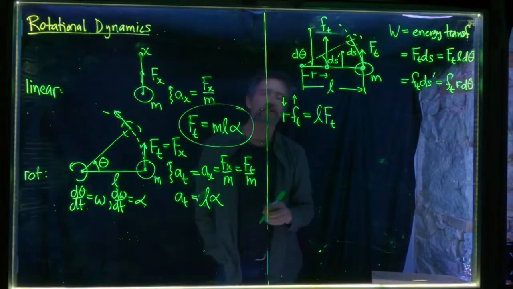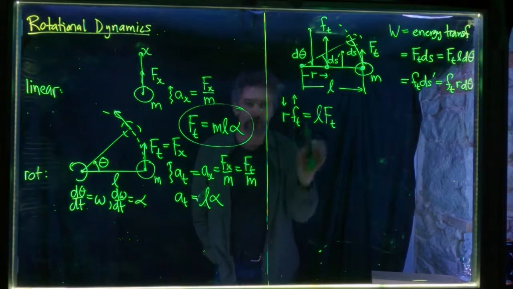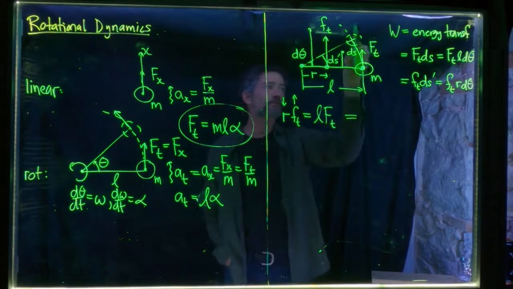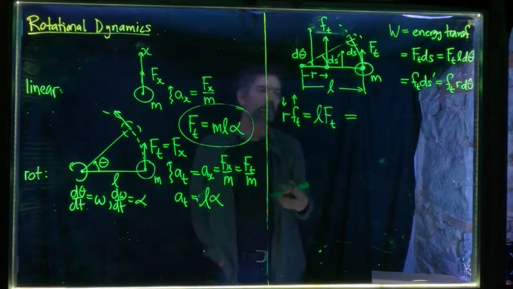So what counts here is not the force itself. What counts is the force times the radial distance, the distance away from the axis of rotation. It's the product of the two that matters as far as angular acceleration is concerned. And that product of the distance times the perpendicular force is called torque.